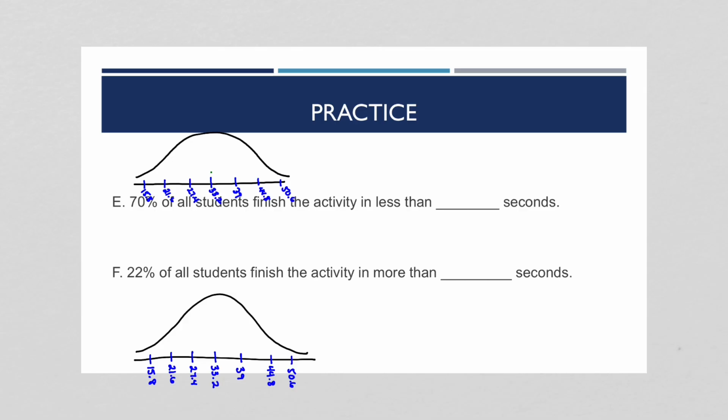We know that 50% is right in the middle, so we don't have to have this be super accurate. This can be a little bit rough. So I would say 70% is maybe somewhere in here. I'm going to go ahead and shade this just to indicate to me that this is the area under the curve where 70% is.